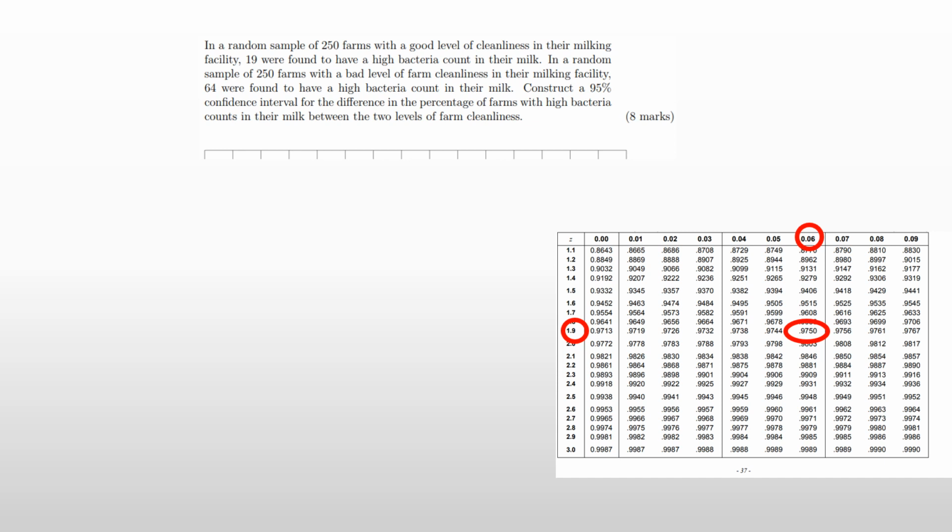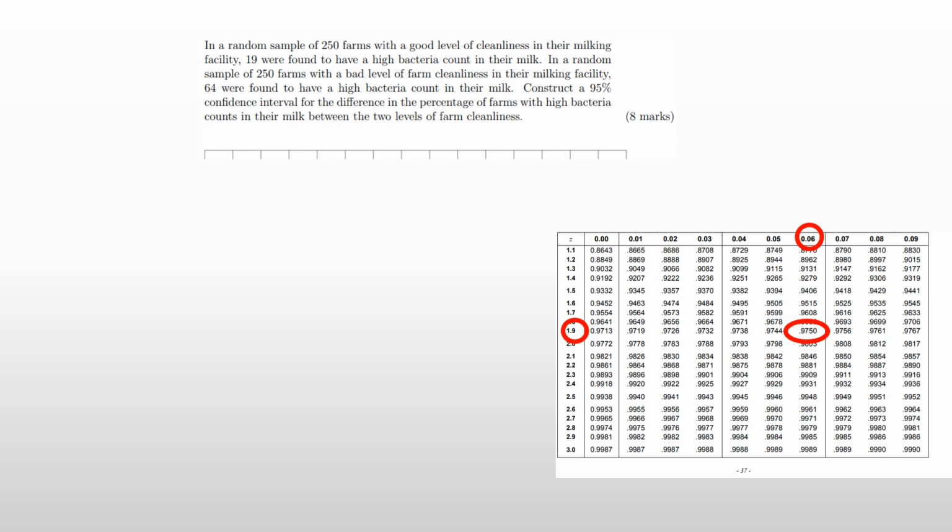So this is a more complicated problem in terms of you have two samples, or two groups, right? Both groups have 250 farms. One group had a good level of cleanliness, all of them, but in those 250, 19 were found to have bacteria, right? You have another group, 250 farms again.